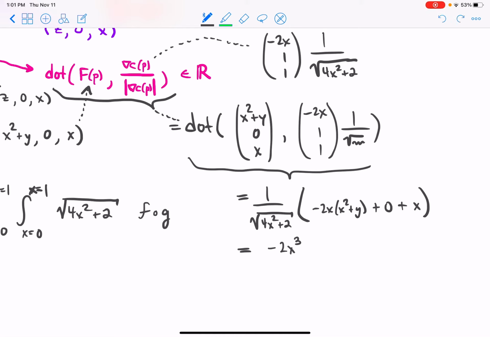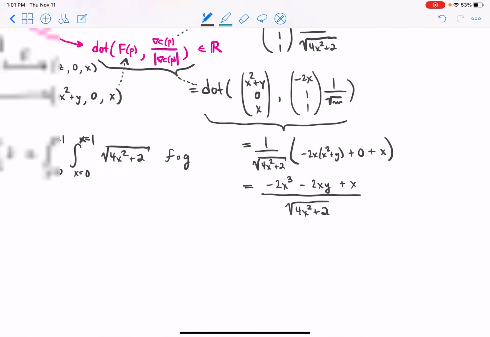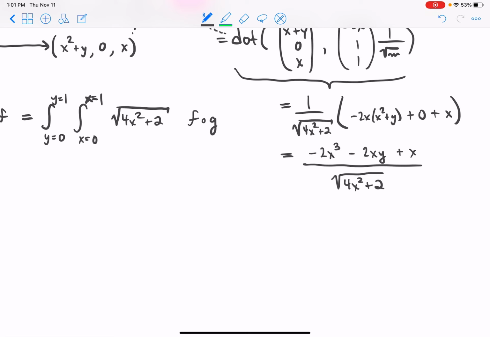Now, y times minus 2x is minus 2xy, and then I have plus x. Okay, great. And then all of that is divided by square root of 4x squared plus 2. But now look, so this piece goes here.